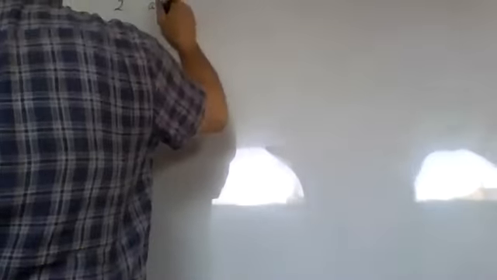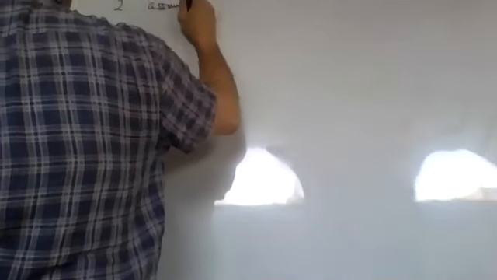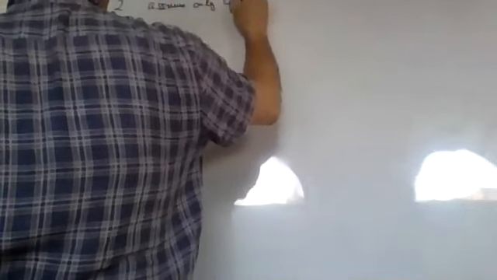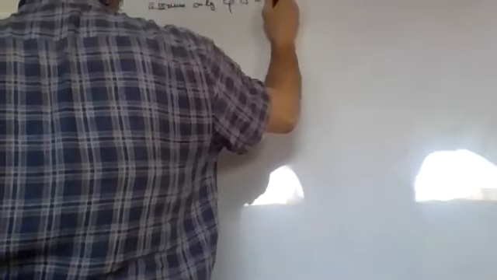Okay, so now comes the real proof. So we now assume that phi is only symplectic. Nothing else, right?